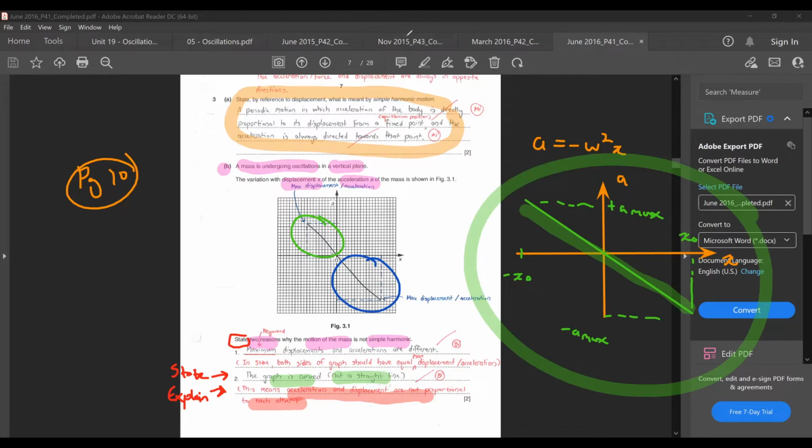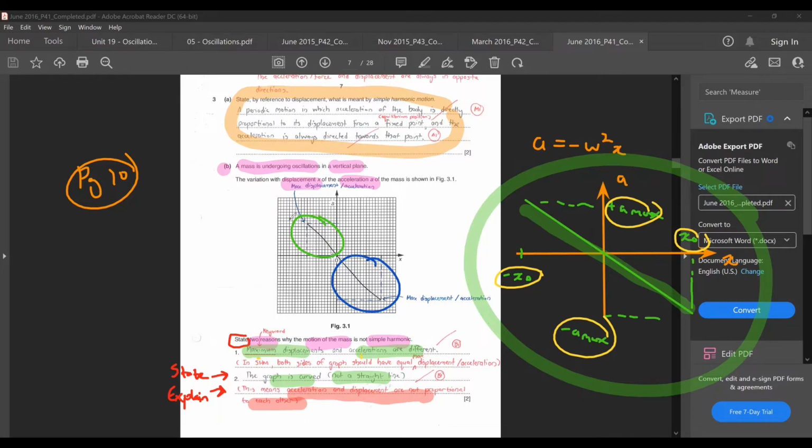You can say this: the maximum displacements and accelerations are different. When the maximum accelerations and displacements are the same on both sides, that's what gives you a symmetrical graph in the first place. So you just say the maximum displacement and acceleration are different for both sides of the graph.